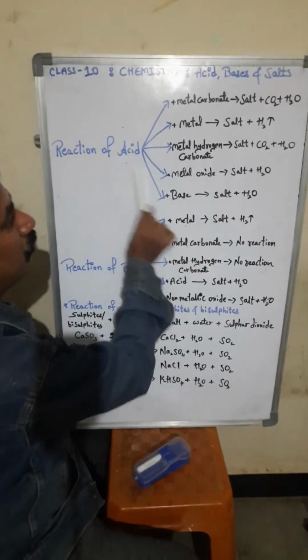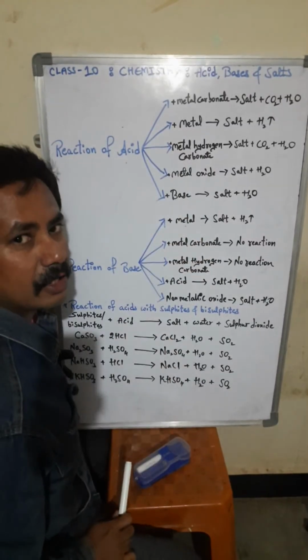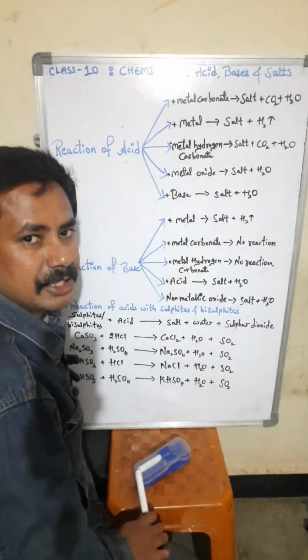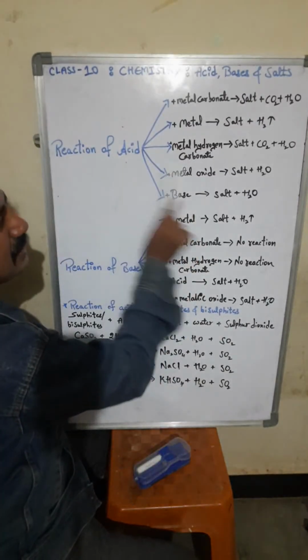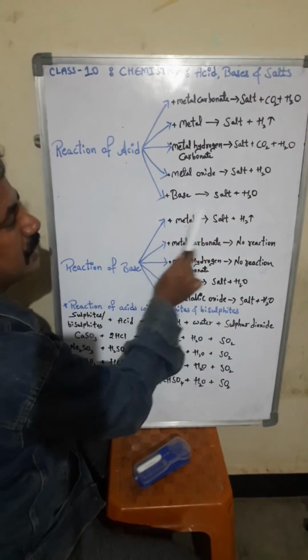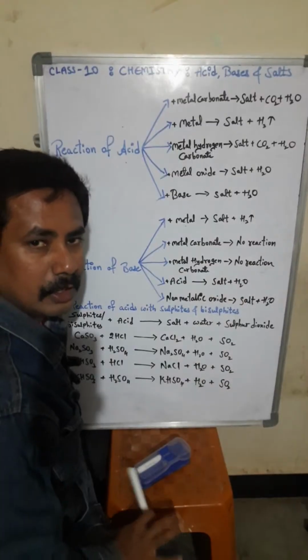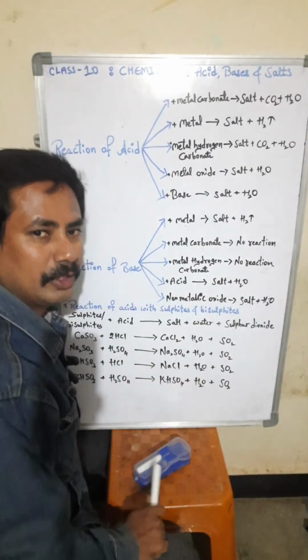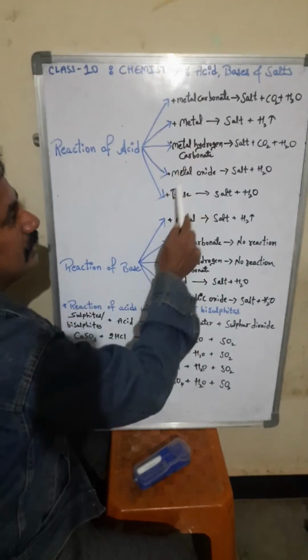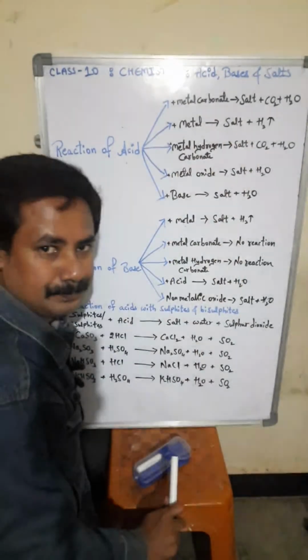It is also a neutralization reaction. Why? Because metallic oxides are generally basic in nature. Base plus acid gives salt plus water, a neutralization reaction. Is it clear, students? Fine. So when acid reacts with all these things, this will be the result.